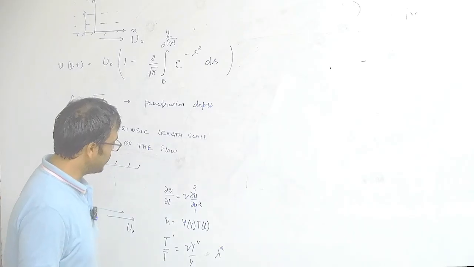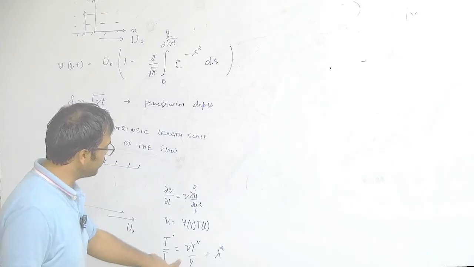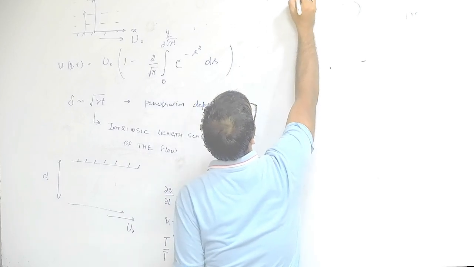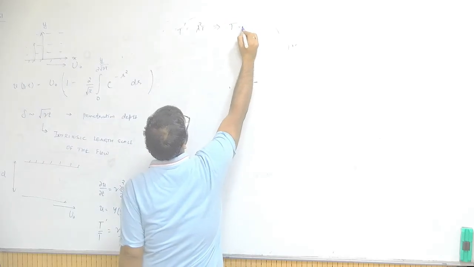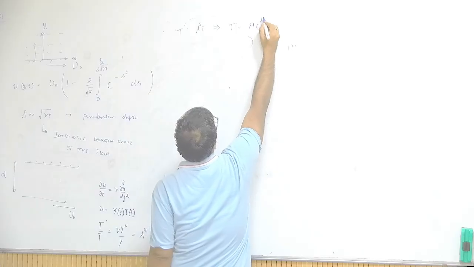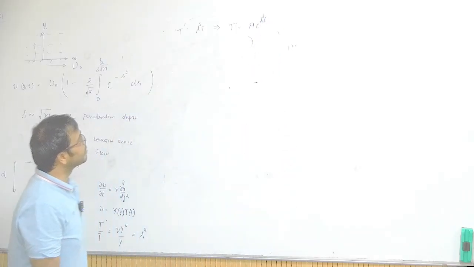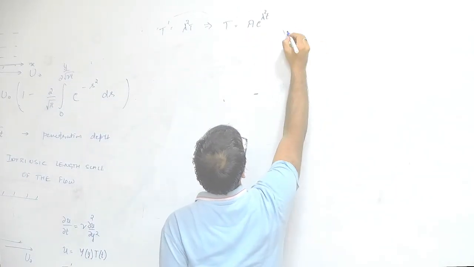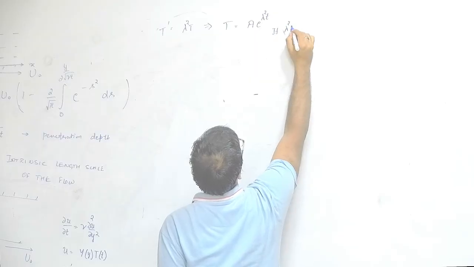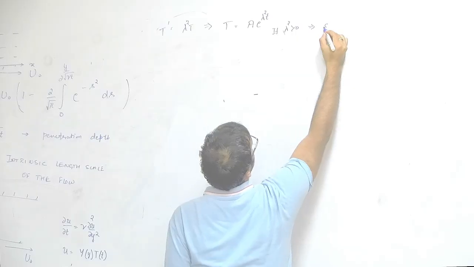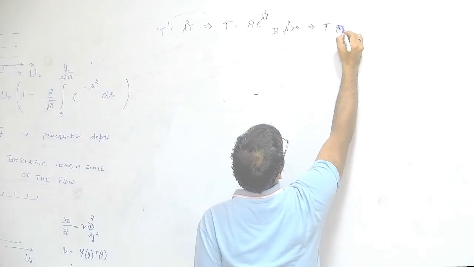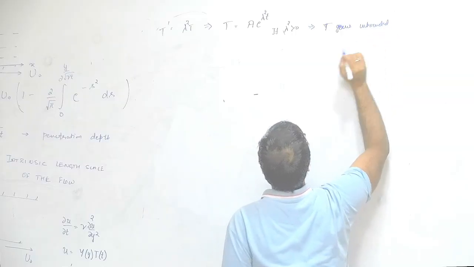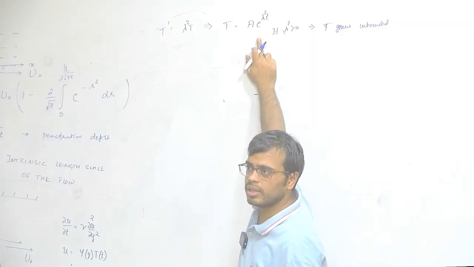So the solution we get is T prime equals lambda square T, which means T equals some constant times e to the power lambda square t. Now if lambda square is greater than 0, then T grows unbounded as t tends to infinity.